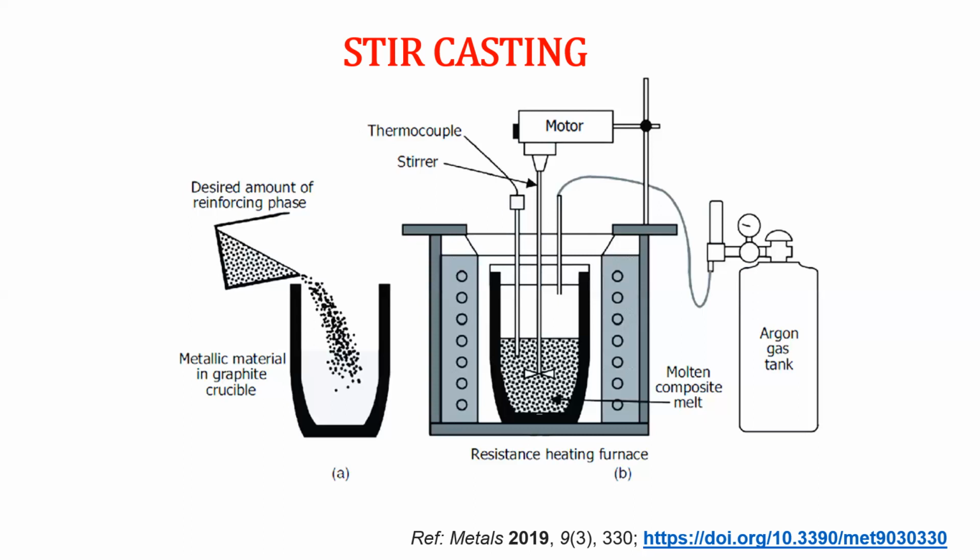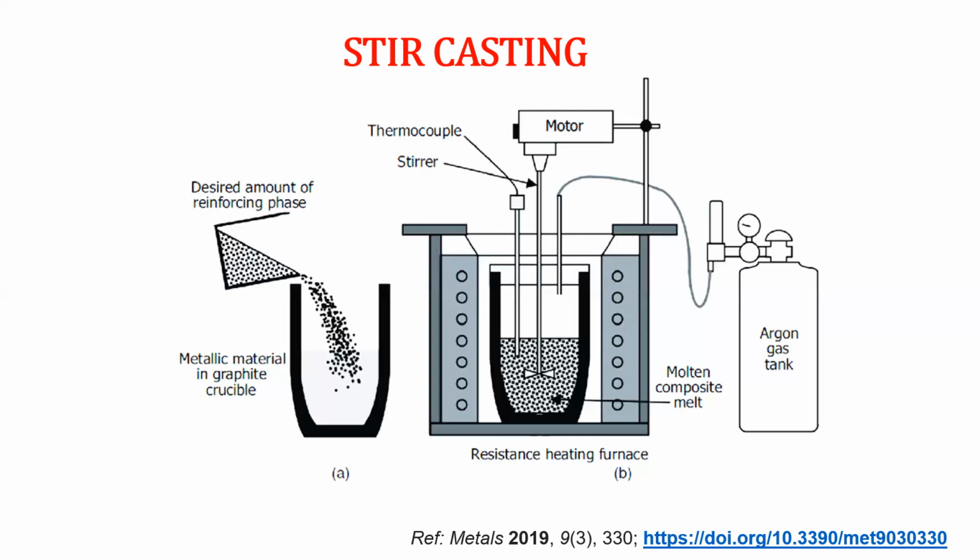So what we can do is introduce another phase, that is the secondary phase, the ceramic particles or fibers, into the matrix material. Then we can impart hardness and wear resistance to the matrix material. Thereby, we get a new material which will have the advantage of both the materials.